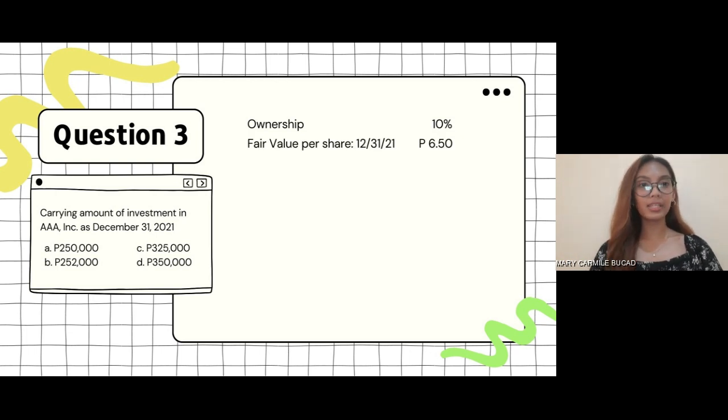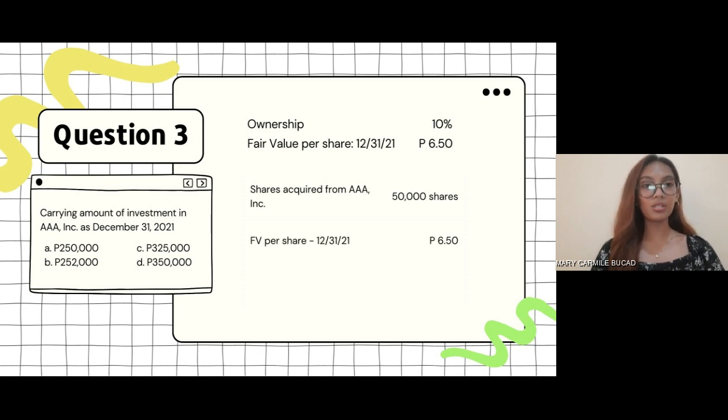So in order to get the carrying amount for December 31, 2021, we need to multiply the shares acquired from AAA Incorporated by the fair value per share on December 31, 2021. This means that 50,000 shares are multiplied by 6.50 pesos, which results to 325,000 pesos.